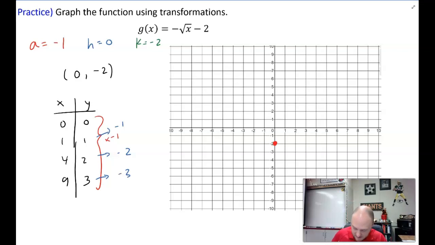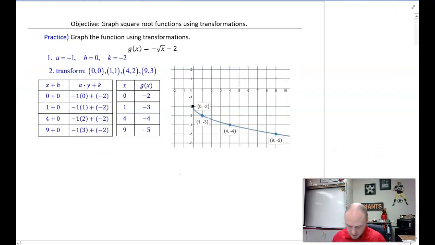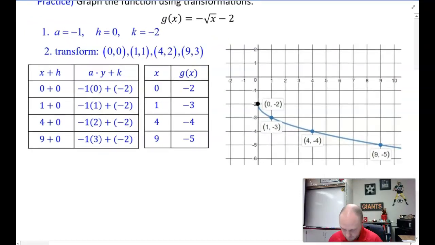So from my anchor point, from 0, -2, I'm going to go right 1, down 1. Right 4, down 2. Right 9, down 3. Okay? That's how you get your points. And the function should look like this.